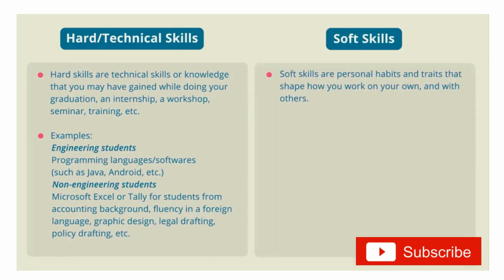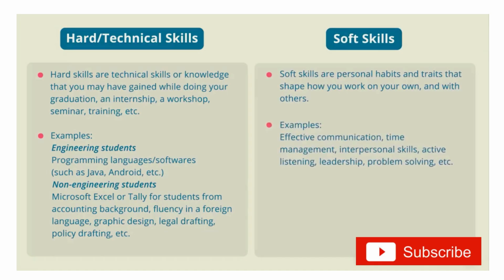Soft skills are the personal habits and traits that shape how you work on your own and with others. Effective communication, for example, is a key soft skill that many employers seek. Some other soft skills may include time management, interpersonal skills, active listening, leadership skills, problem-solving skills, etc. Now, how would you assess which soft skills do you have?